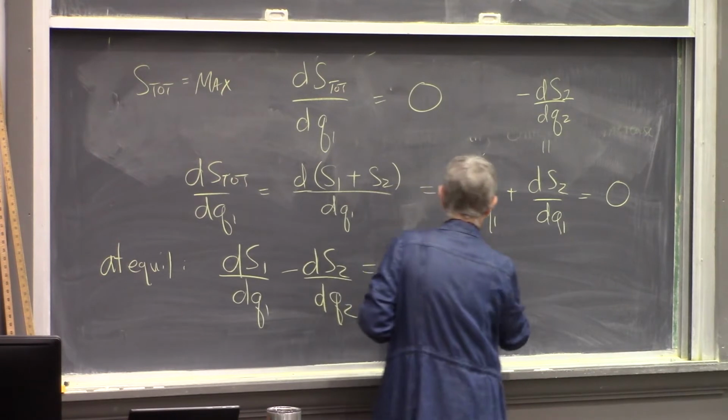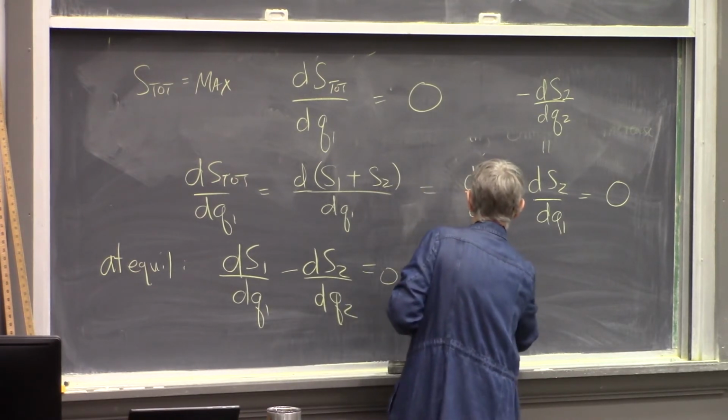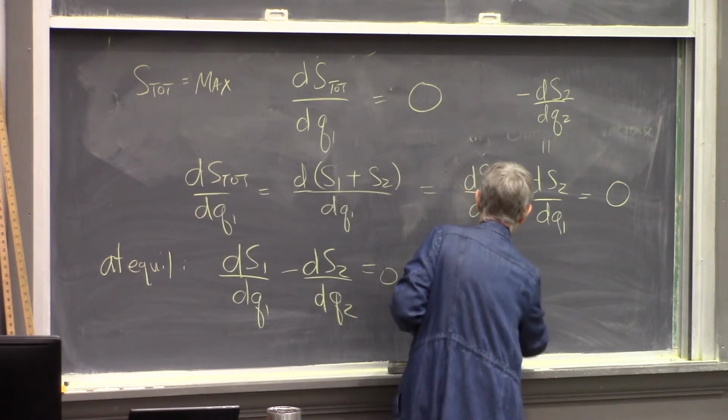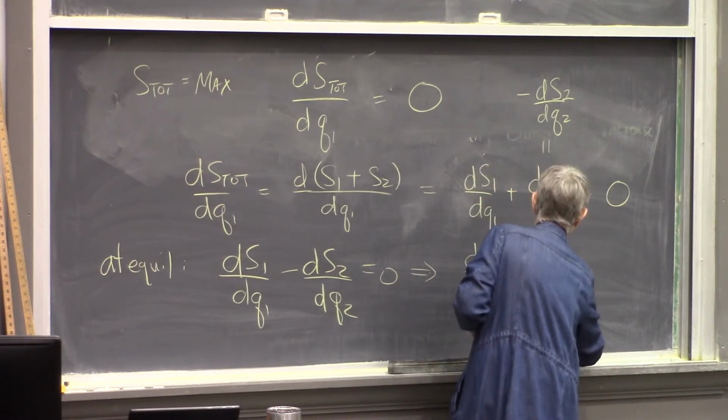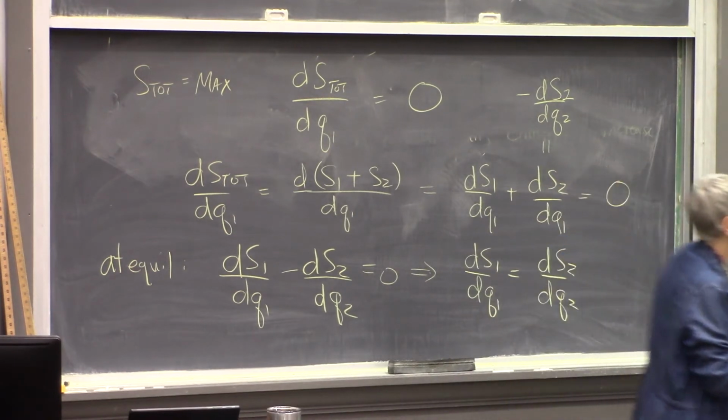And that suggests that dS1/dQ1 is equal to dS2/dQ2. So basically we're talking about slopes here.